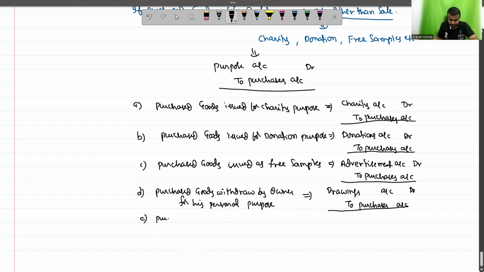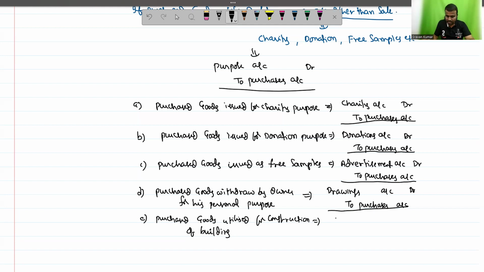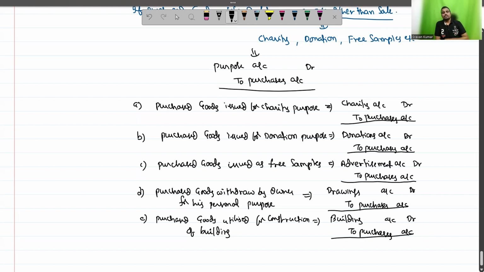And if the purchased goods are utilized for construction of a building, for example, then we write the entry building account debited to purchases.